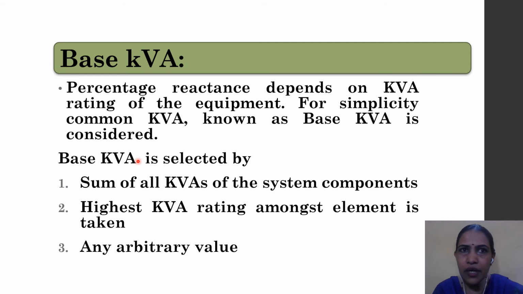Just consider one example: if the kVA rating of the generator is 1000 and the transformer has 500 kVA rating, you can consider the highest kVA rating amongst these two elements. So 1000 kVA is the higher one, so you can consider 1000 kVA as the base kVA for your calculation. Or any arbitrary value can be considered as the base kVA.